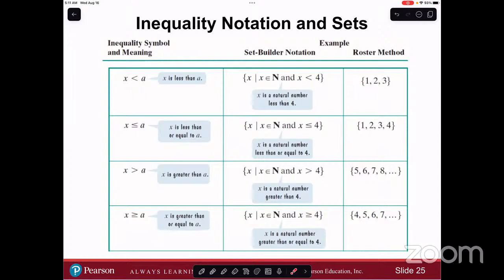But for this one, not only are we talking about all the numbers to the left of that number, but we can also include that number itself because it has that equal-to bar under it. Here we're talking about all the numbers to the right of the number without including our number. And this one is all the numbers to the right of our number, also including the number in question.